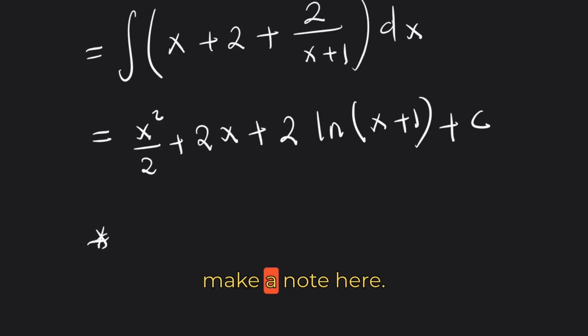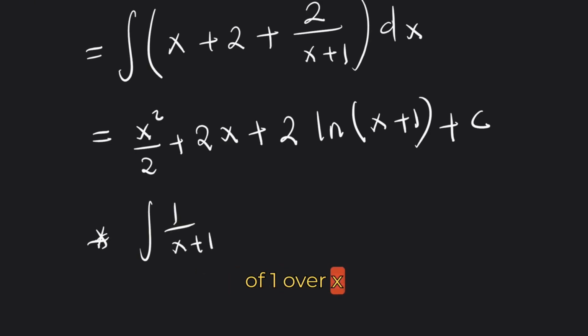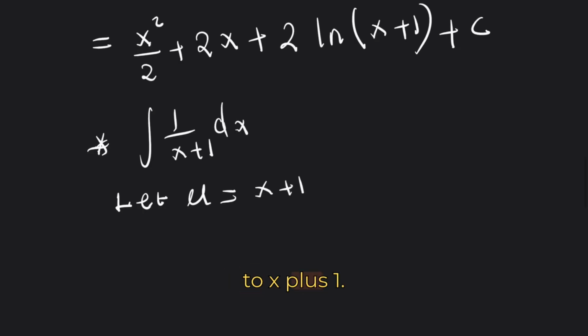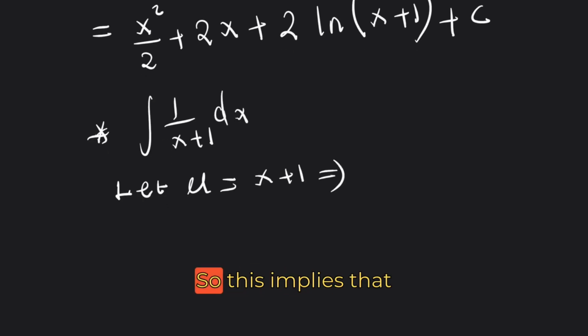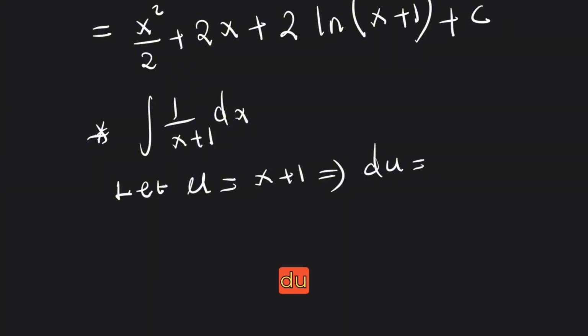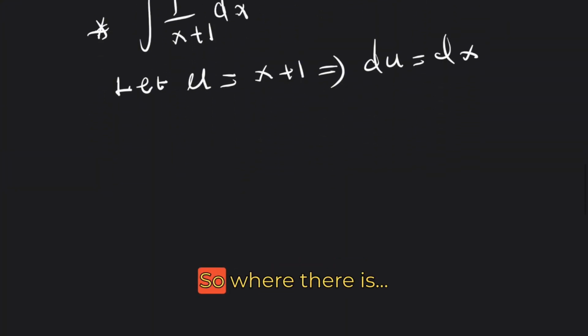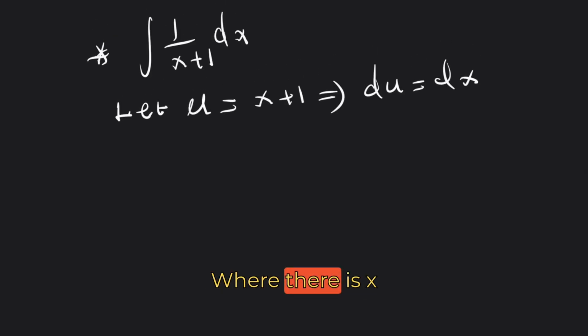But let me just make a note here. Let's say for the integral of 1 over x plus 1 with respect to x. Remember, you let u be equal to x plus 1. So this implies that du is equal to dx. Where there is x plus 1, I put u.